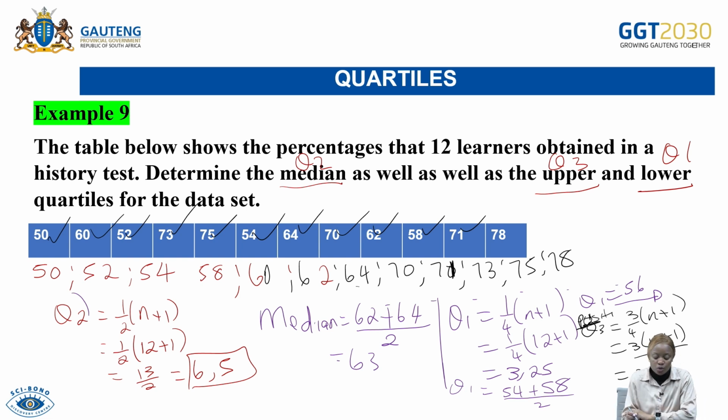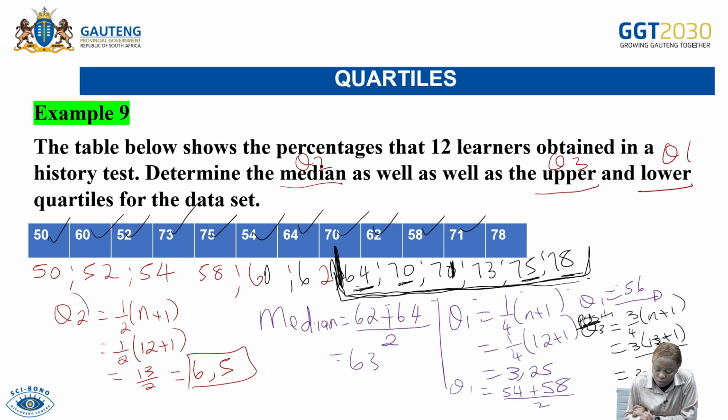Okay, so we had said our median, or our Q2, is going to be between the 62 and the 64, right? Meaning that our upper half of the data is going to be here. This is our upper half of the data. So if I'm looking for my upper quartile here, I'll get it between 71 and also the 73.